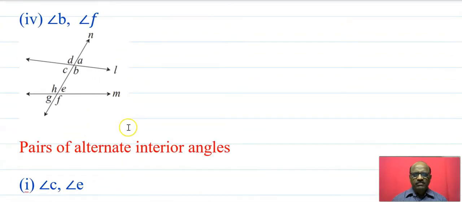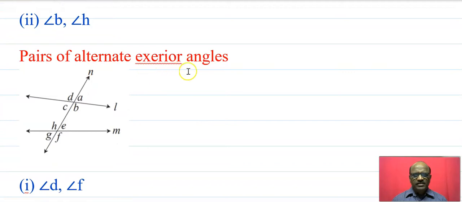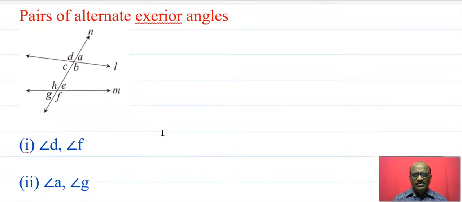Now the pairs of alternate interior angles, that is angle C and angle E, angle B and angle H. These are the pairs of alternate interior angles. Next, pairs of alternate exterior angles, that is angle D and angle F, angle A and angle G. These are the alternate exterior angles.